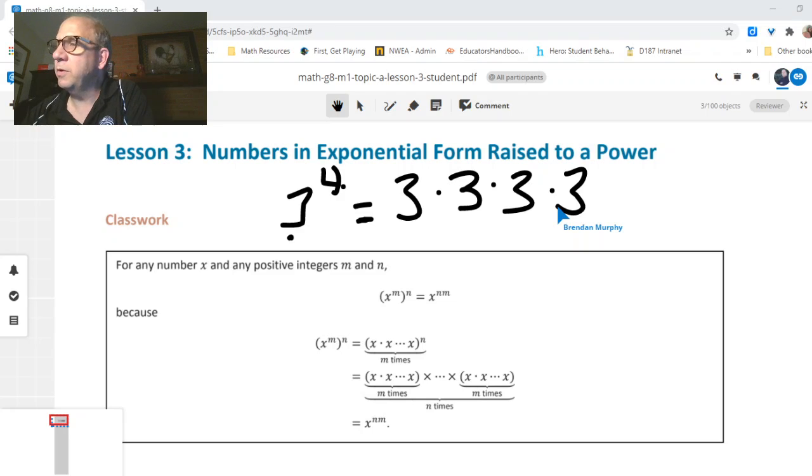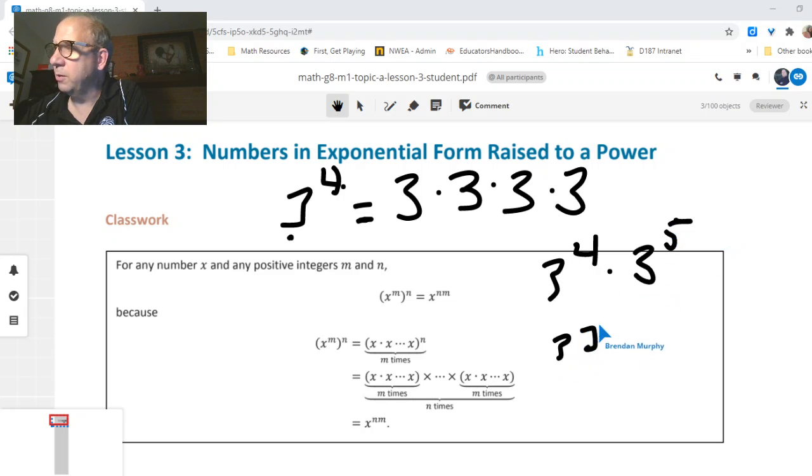The second one we did was multiplying exponents. So if I had 3 to the 4th times 3 to the 5th, they have to have the same base. So I've got 4 3s, so 3 times 3 times 3 times 3, times 5 3s, so 3 times 3 times 3 times 3 times 3.